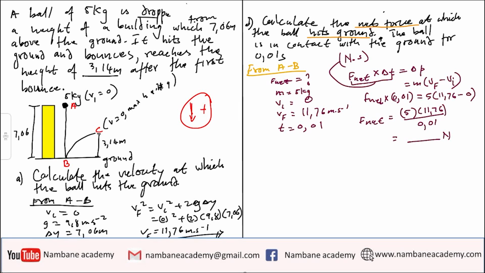But in this instance, it says calculate the net force because the time was given as 0.01. So the time is there, so we are not calculating impulse. We are actually calculating the Fnet. If the question was impulse, then time will not be given, and we would get Fnet multiplied by T, which is an impulse, in newton second.